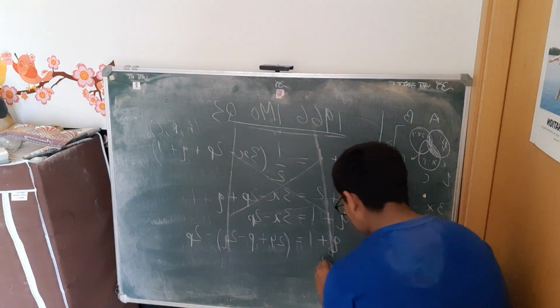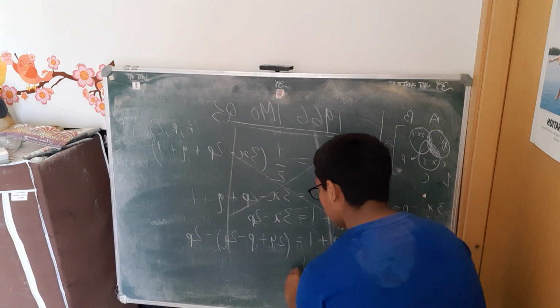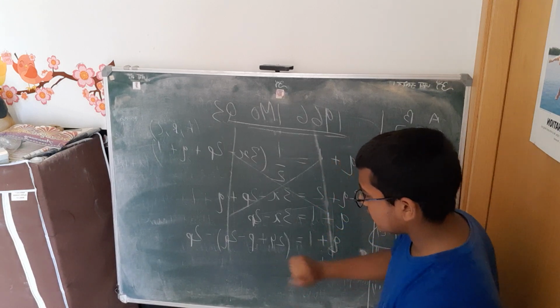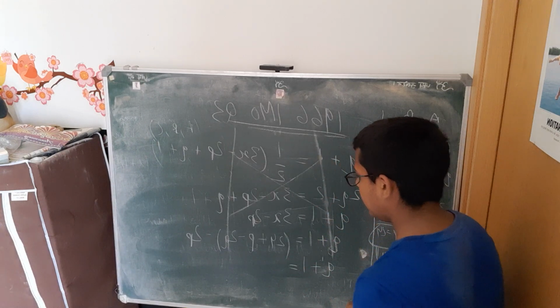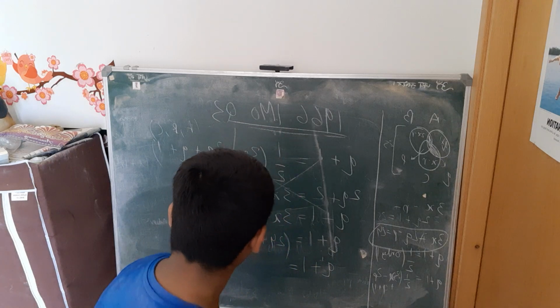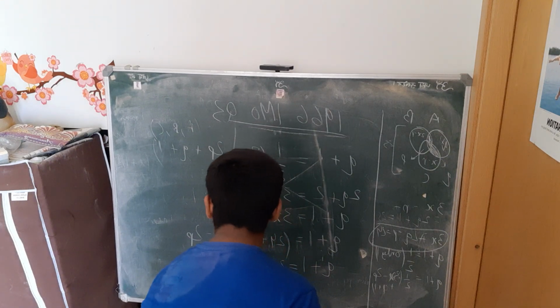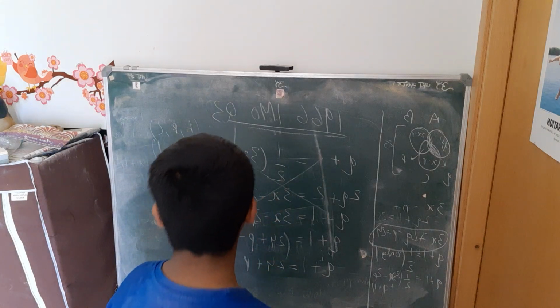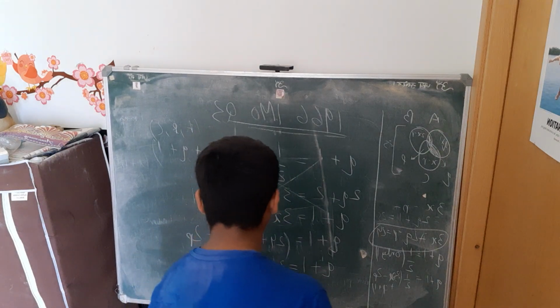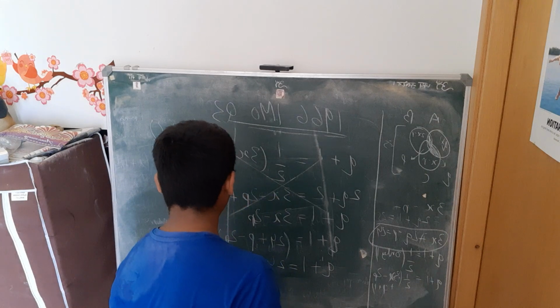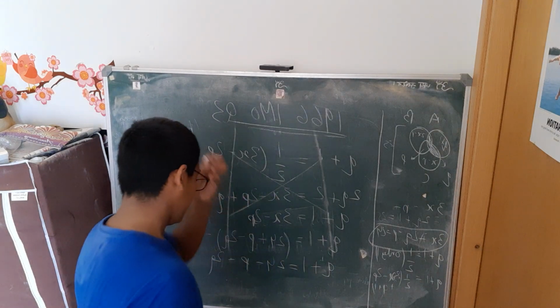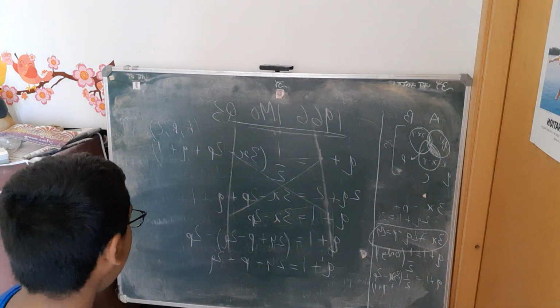Right? So over here we'll get q plus 1 equals, just a minute, 24 plus p minus 2q. So p minus 2p will be minus p. 24 minus p minus 2q will be what we're getting over here, right?